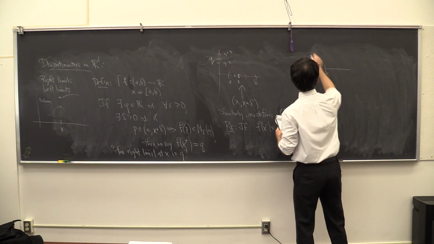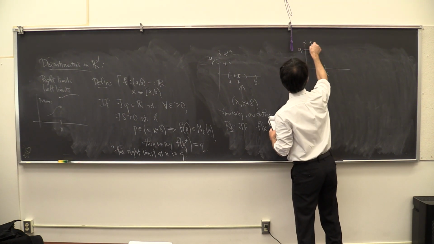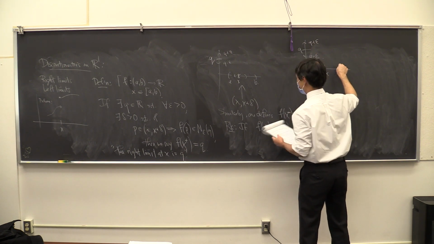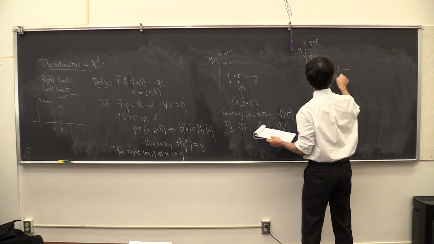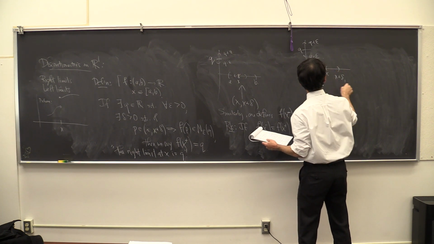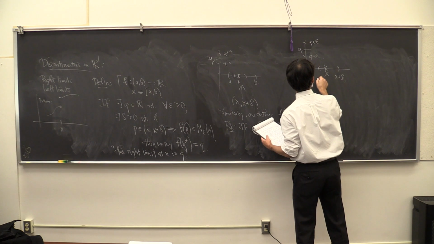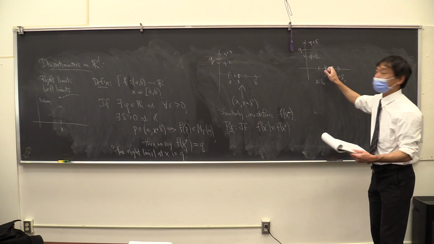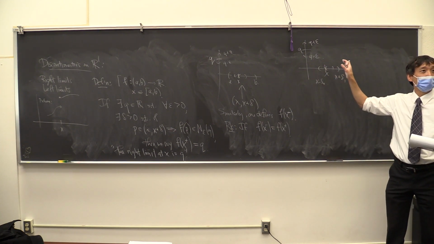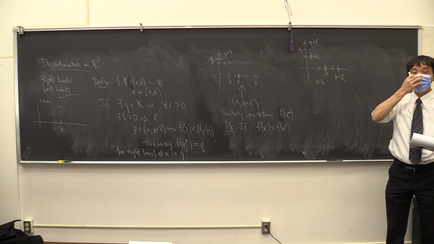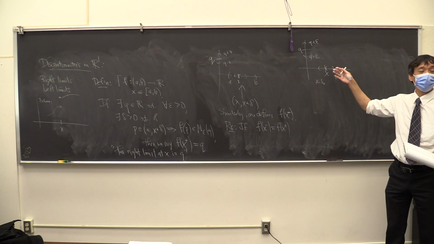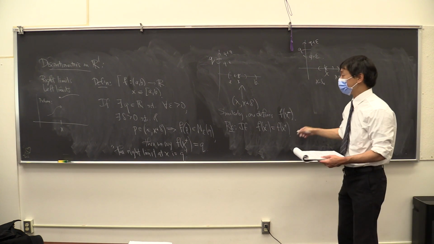So here's my x, here's my q plus epsilon, q minus epsilon. If the right limit exists, that means you can find a delta that works over here. If the left limit works, then you know that there's a delta on the left that works. You take the smaller of them and you've got your punctured neighborhood. Right? That's the radius of your punctured neighborhood, and that would give you the full limit.